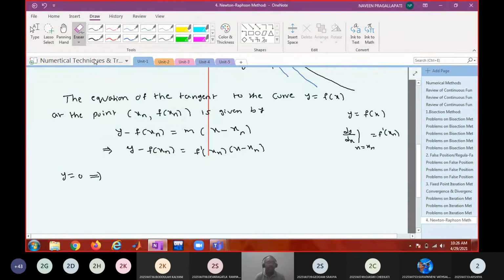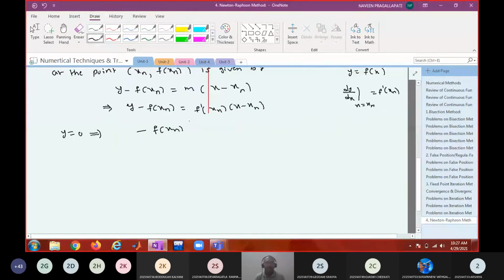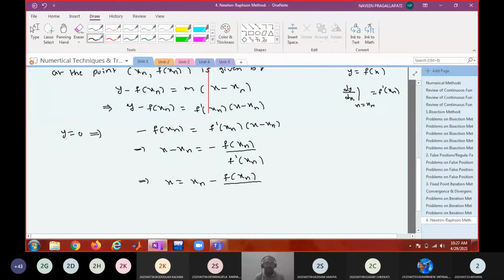When y equal to 0, minus f of xn is equal to f dash of xn into x minus xn. This implies that x minus xn is equal to minus f of xn by f dash of xn. This implies that x is equal to xn minus f of xn by f dash of xn.